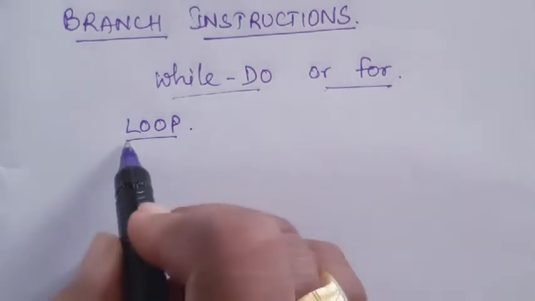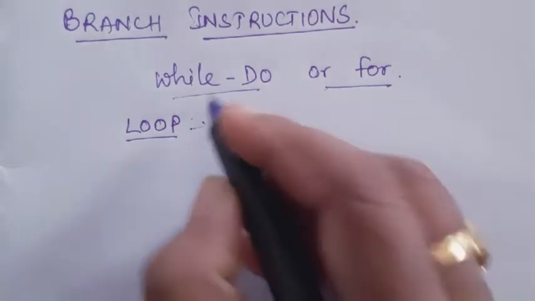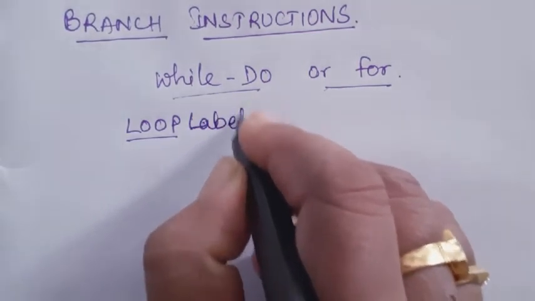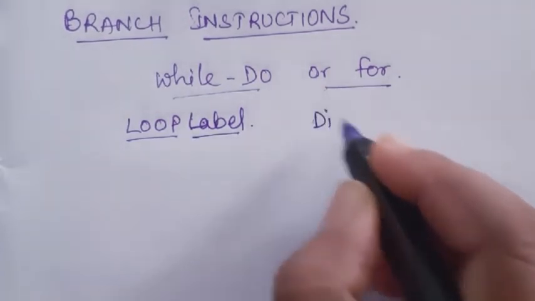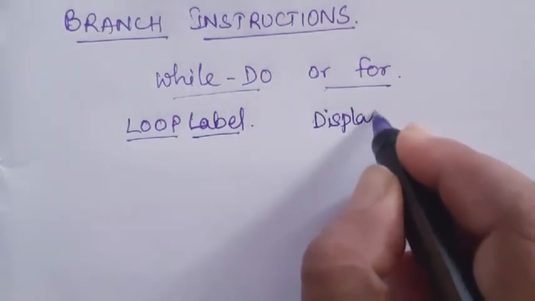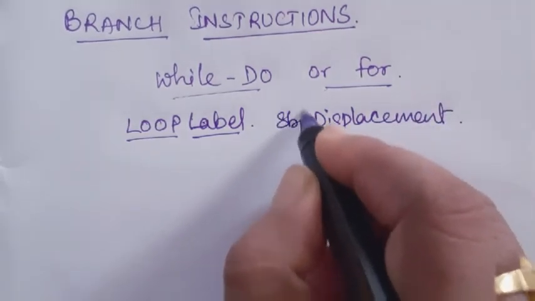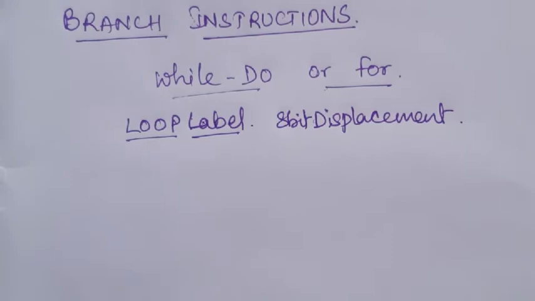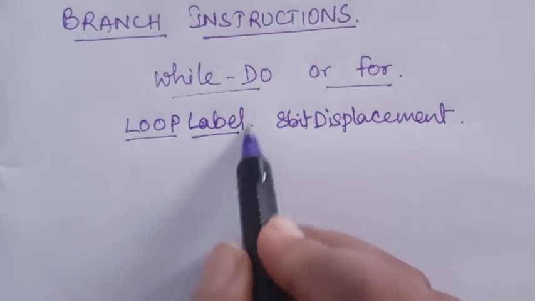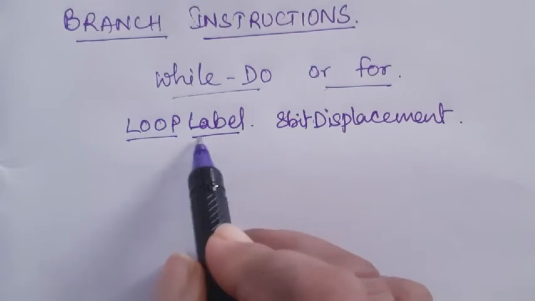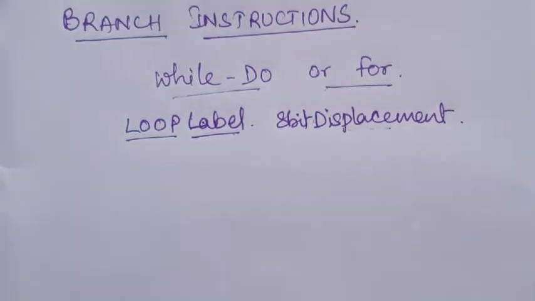The format for this loop instruction is loop label. The label here is afterwards replaced with the displacement. It is an 8-bit displacement. Same as in the case of jump instructions, where we write a label, here also it is a label which is replaced with an 8-bit displacement.